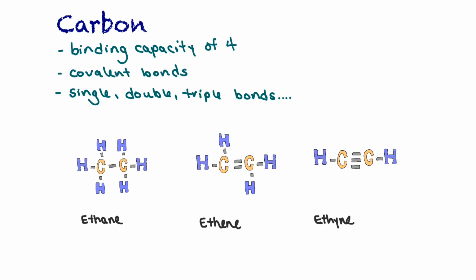So this molecule is C2H4. This one was C2H6. And then our third one is ethyne, and in this case, carbon shares 3 electron pairs with each other, and we have a triple bond, and that only allows them to bind with 1 hydrogen atom each. So ethyne is C2H2.